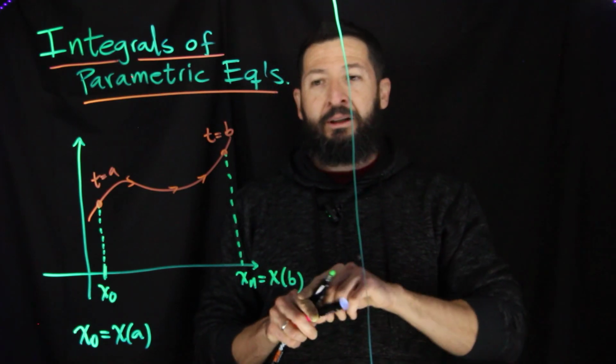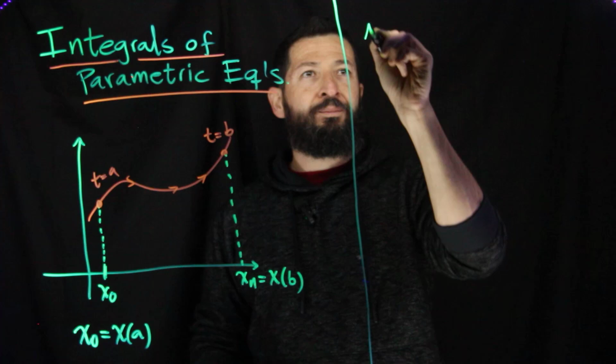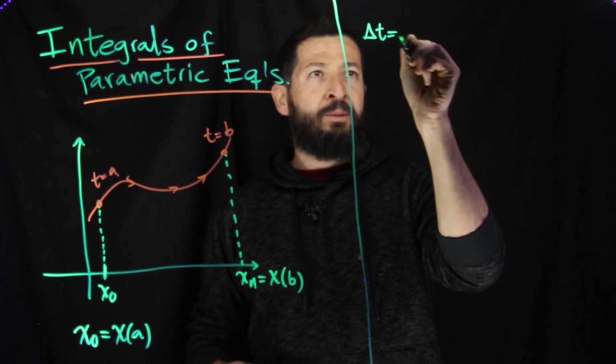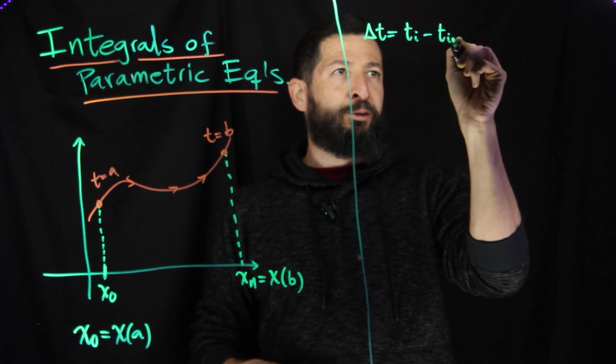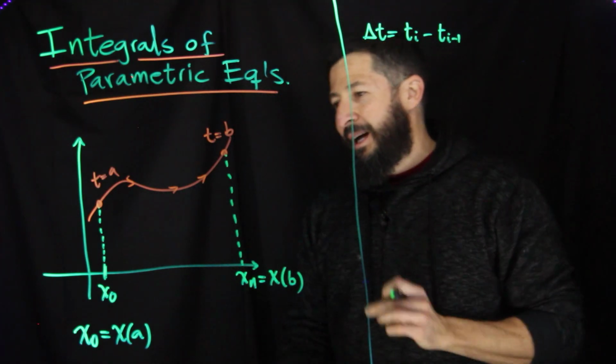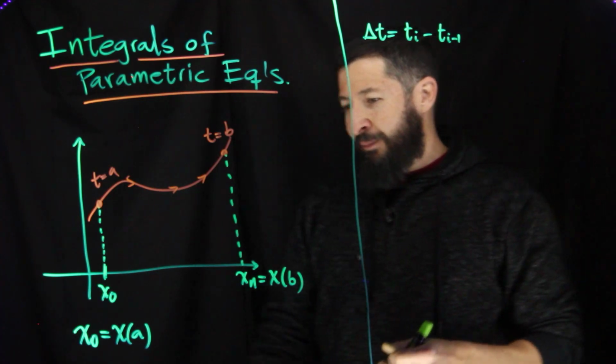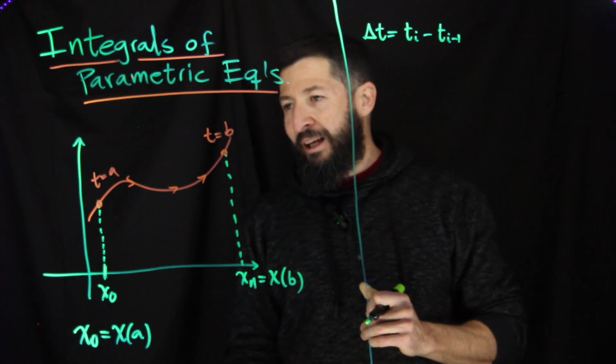I'm going to grab a delta t, which is going to be just ti minus ti minus 1. Those are going to be my time increments, from time equals 0 all the way to time equals n.